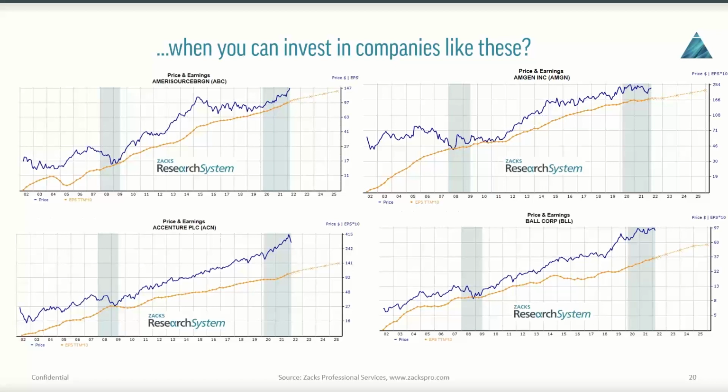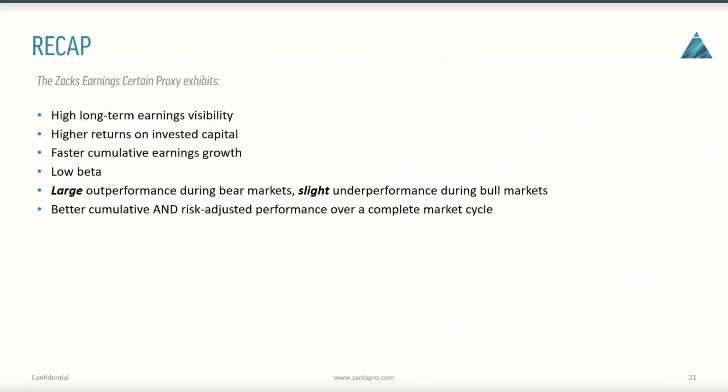This is a collection of high quality, very, very consistent capital allocators, companies that grow consistently over time, regardless of where we're at in the business cycle. AmerisourceBergen, perhaps the world's largest pharmaceutical drug distributor, Amgen, Accenture, Ballcorp, many more like that. Just terrific businesses to own.